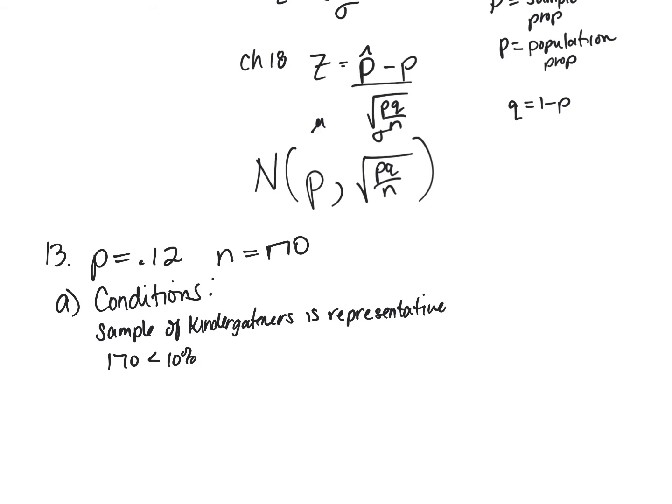Okay. We are choosing this year basically to get the data, and we're trying to estimate that for other years, so there's going to be lots of kindergartners coming in and out, definitely more than 1,700 in the next couple decades. So it's okay to say it's less than 10% of all potential kindergartners.